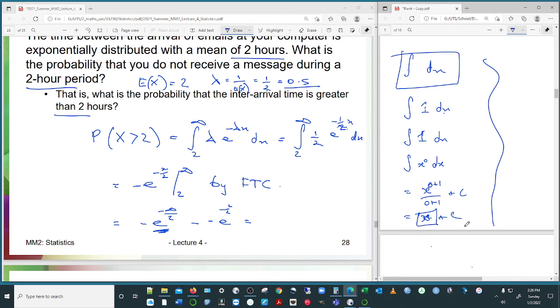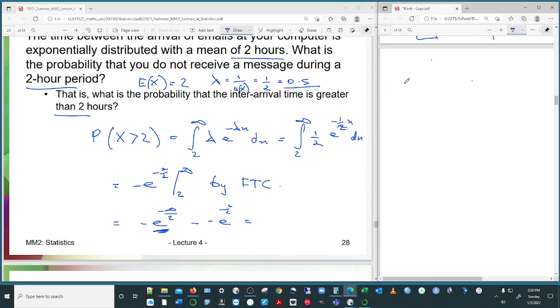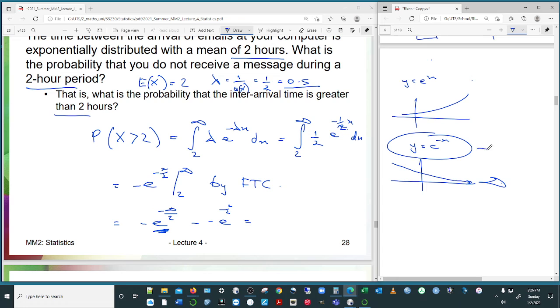So what I'm saying is that in a normal exponential, it goes like this, but in this one, it goes like this. And if it's infinite down here, this function approaches 0. So this term becomes 0.